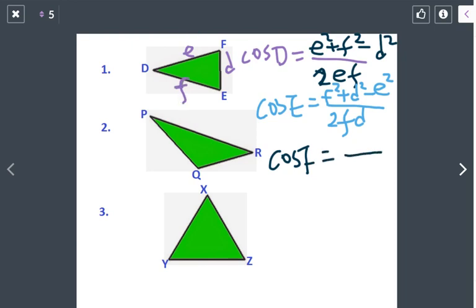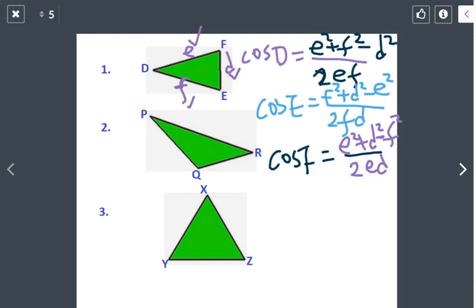The other sides are E squared plus D squared minus F squared over 2ED. So can you write down the formula for number 2 and 3?